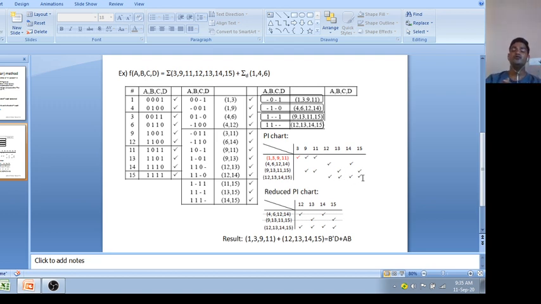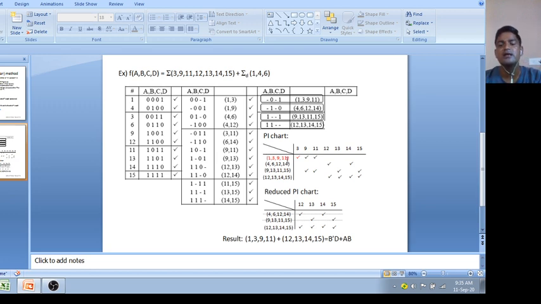Now you have to determine the essential prime implicant, and the condition is that in one column there must be only one checkbox symbol. So only one in this, yes, only one. So just in front of this highlight by red color. Okay, I highlighted 1 3 9 11.